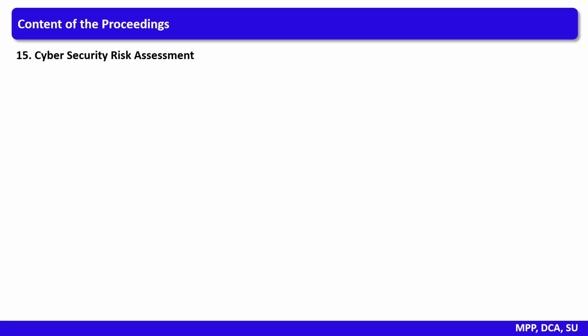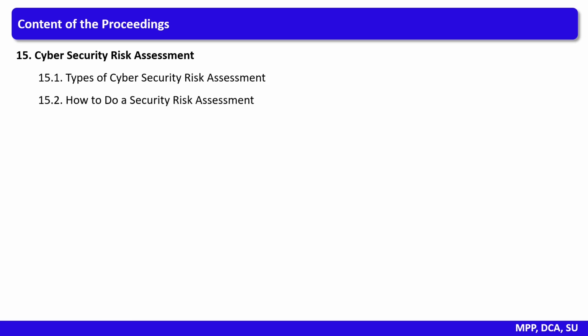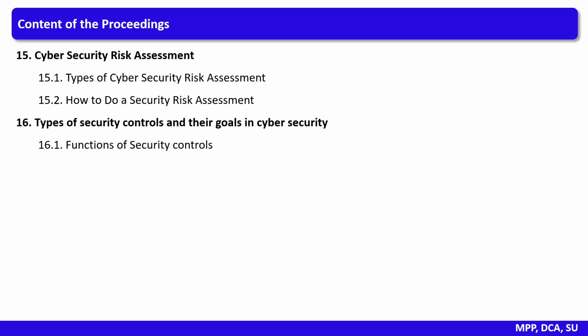Then we will discuss cybersecurity risk assessment, wherein we'll focus on types of cybersecurity risk assessment, how to do a security risk assessment. Then we'll move on to types of security controls and their goals in cybersecurity, wherein we will discuss functions of security controls.